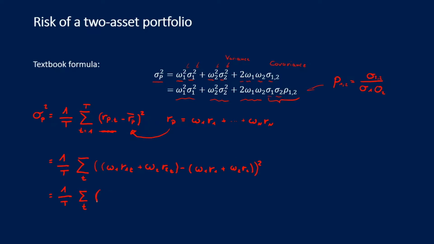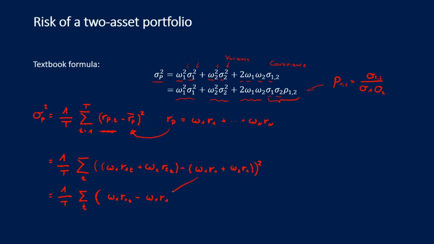I still need large brackets, of course. And now we have W1 R1t minus W1 R1.